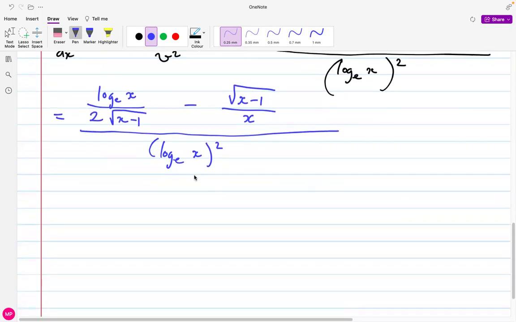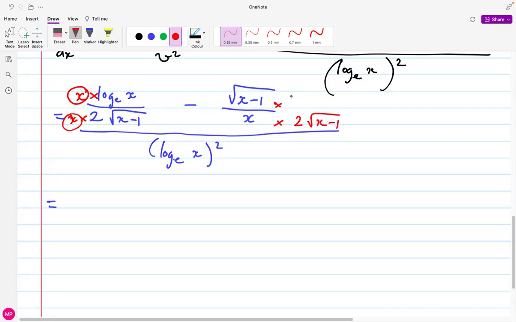Then what you do next is you're going to make them basically the same denominator to cancel them out, to simplify them. So if I have 2 square root of x minus 1, I have x here. So what I do is on this side, I'm going to times by x, the opposite denominator. And on this side, I'm going to times by 2 square root of x minus 1, like that.